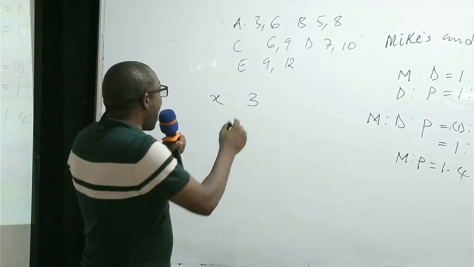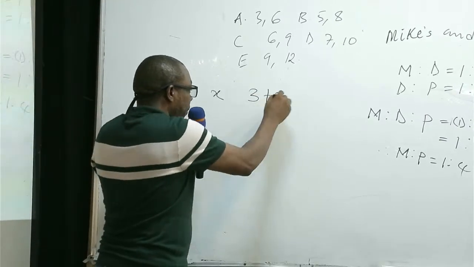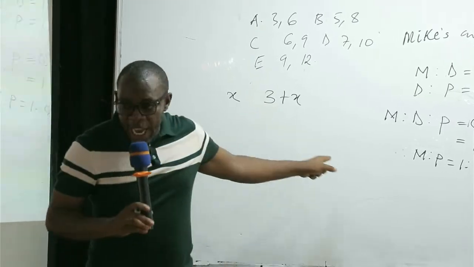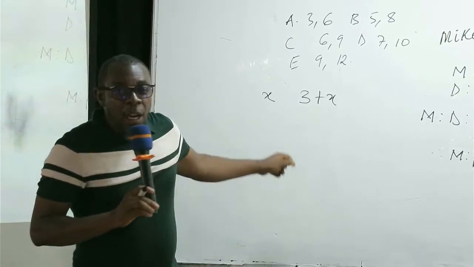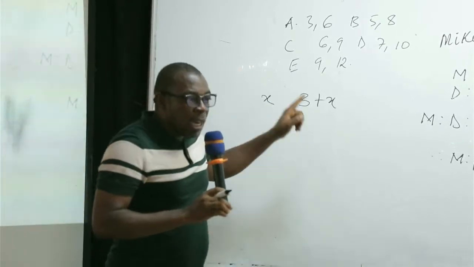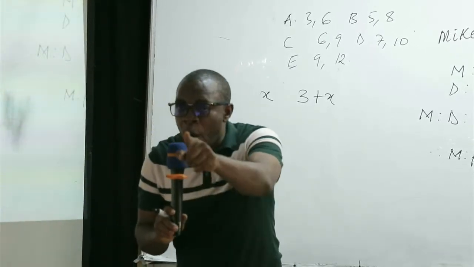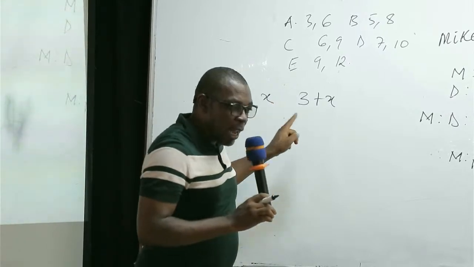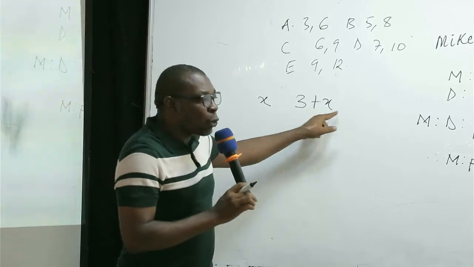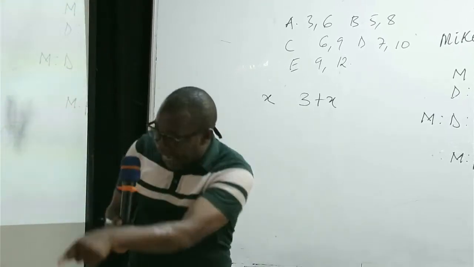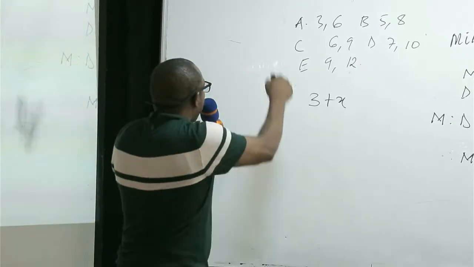The big number will be 3 plus x. When you subtract the two numbers, their difference is 3. Good.